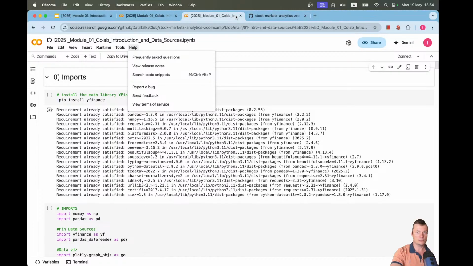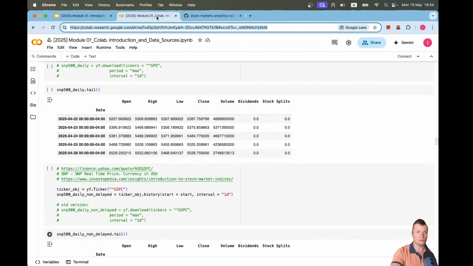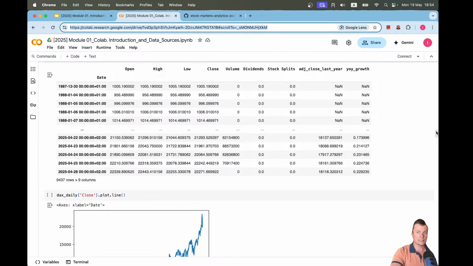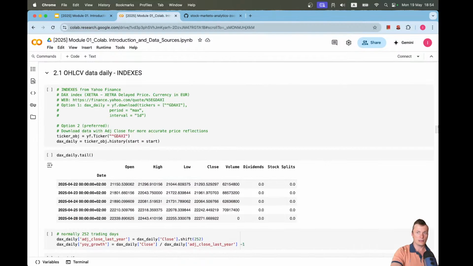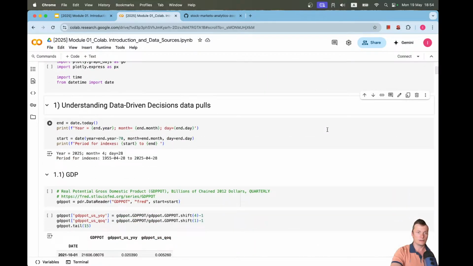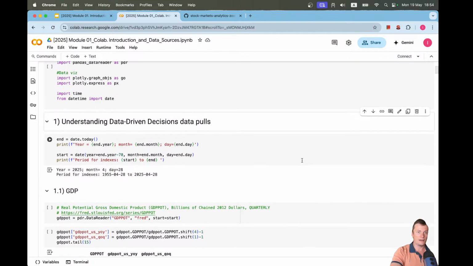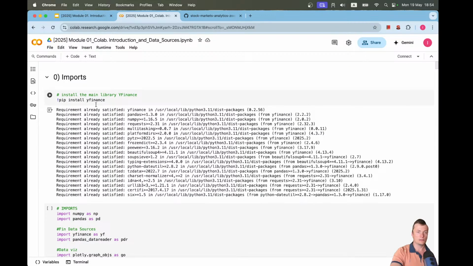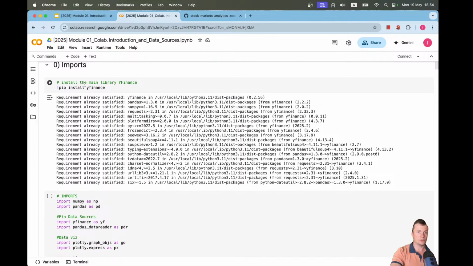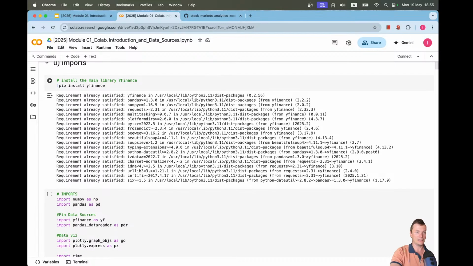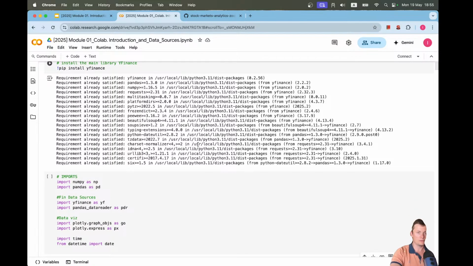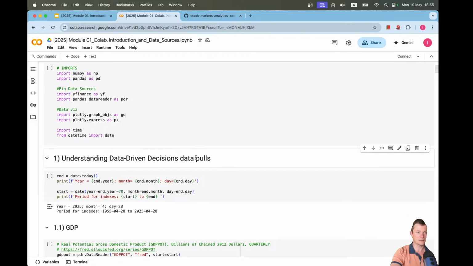I have this notebook opened with saved runs, and for the data section we have a few imports before, just a few libraries. The most important library is YFinance, where we get daily data for most of the financial assets.